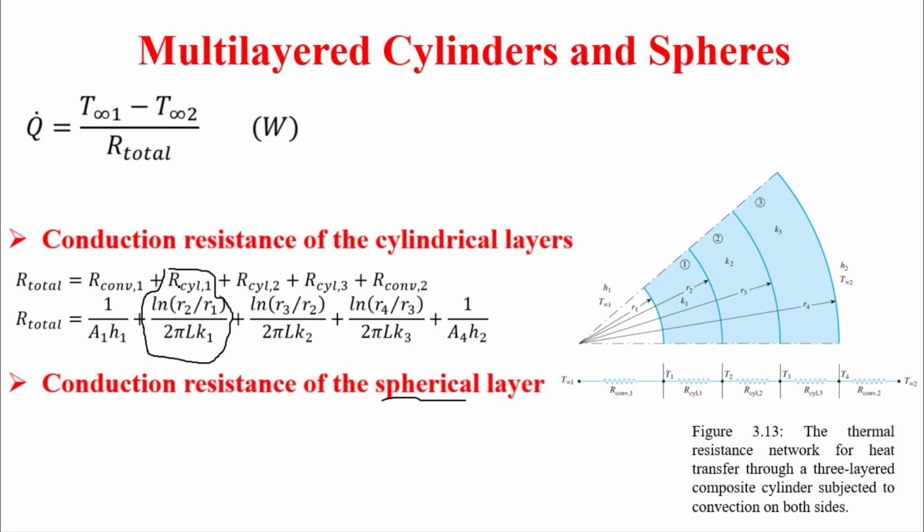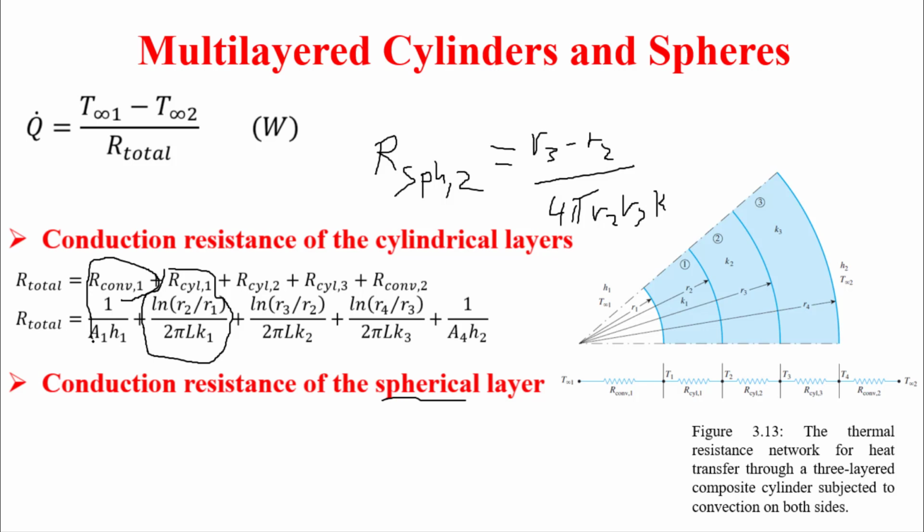So R conduction for spherical, the equation R spherical. Okay, so if I need R spherical again for layer 2, this is equal to R outer, which is R3 minus R2, over 4 pi R2 R3 multiplied by K. Okay, and everything else is the same.